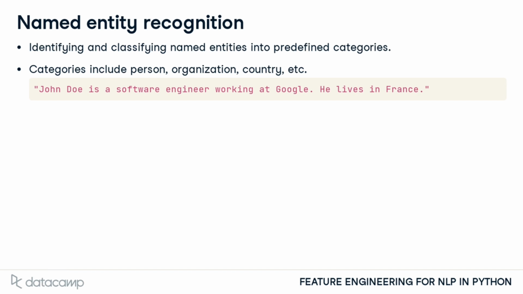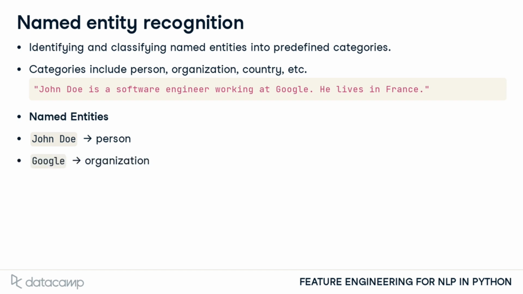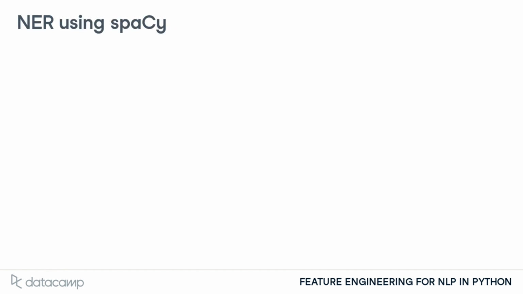He lives in France." Performing NER on this text will tell us that there are three named entities. John Doe, who is a person, Google, which is an organization, and France, which is a country or a geopolitical entity. Like POS tagging, performing NER is extremely easy using spaCy's pre-trained models.